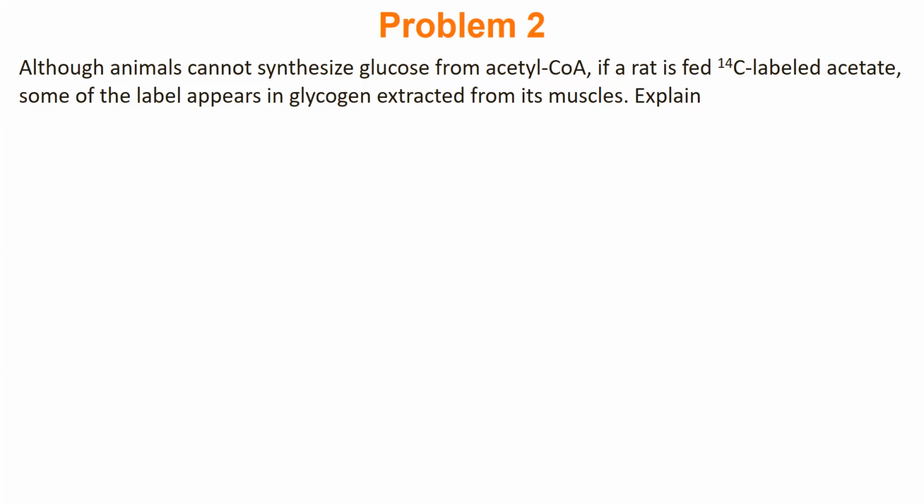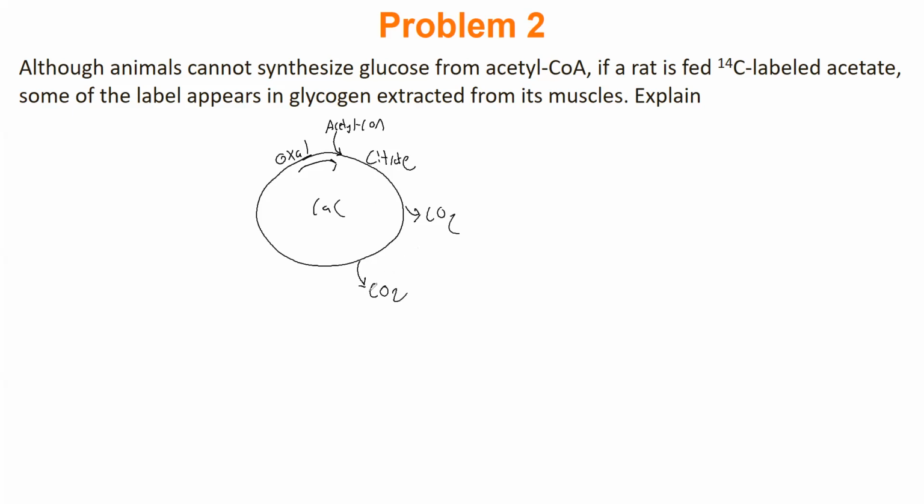And you'll remember, when we run the citric acid cycle, there's oxaloacetate here, and acetyl-CoA is here. That forms together and makes citrate. Now, we lose 2 carbon dioxides along the way. They're gone forever from your body. You breathe them out.